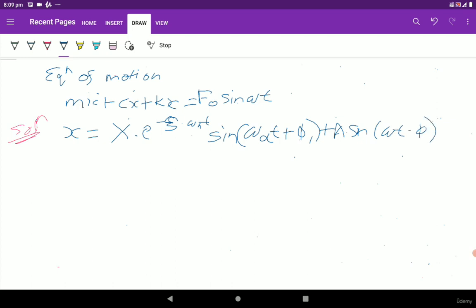So this is the displacement equation. So this whole thing is the displacement equation.